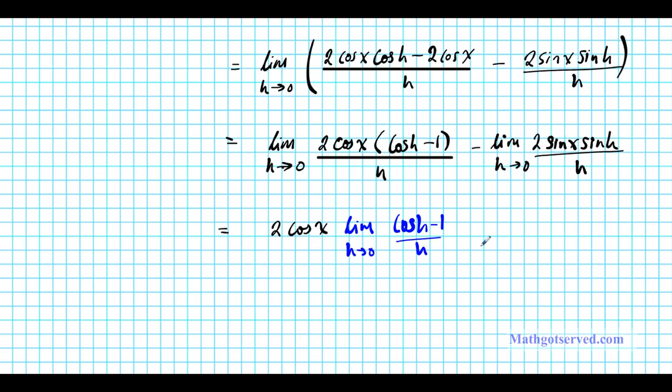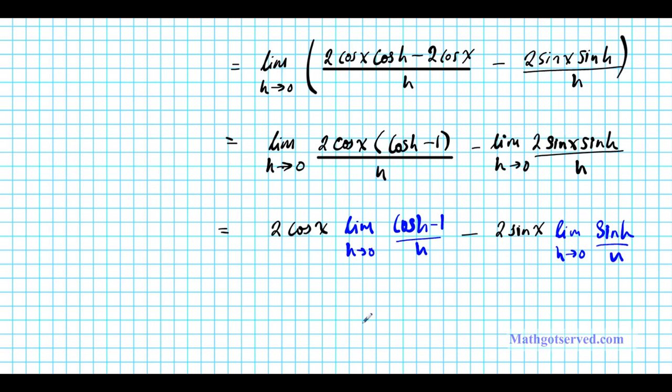Minus the same story here: 2 sine x is independent of this limit, so we can pull it out, and we are left with the limit as h approaches 0 of sine h over h.